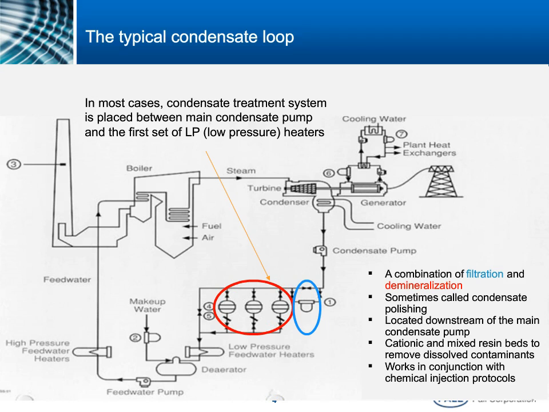That's usually a combination of filtration, which you see represented in that blue ellipse there, as well as demineralization, usually in the form of large resin beds, often cationic beds that are there to remove ions. So the combination of the two is what we mean by condensate polishing.